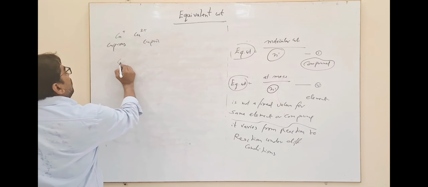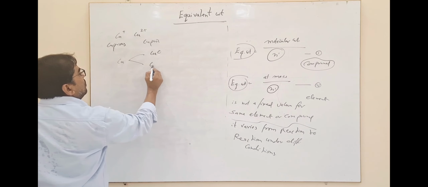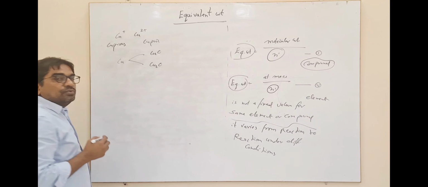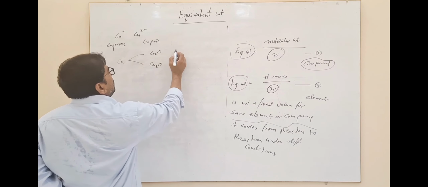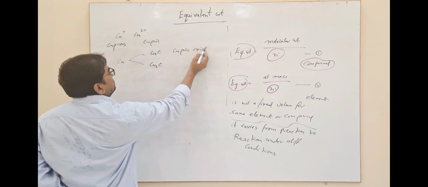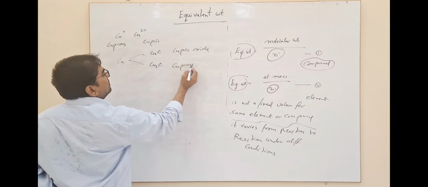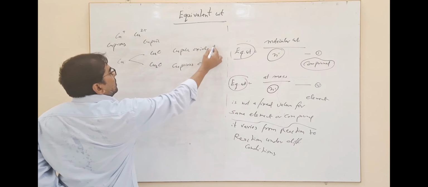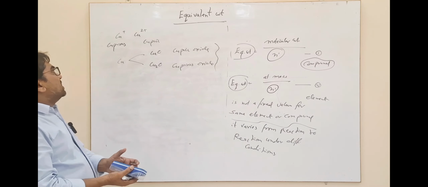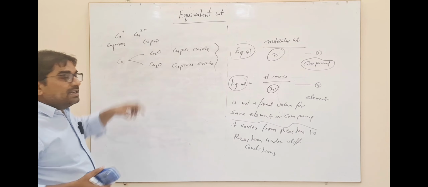Therefore, copper gives two types of oxide, CuO and Cu2O. CuO is called cupric oxide, while Cu2O is called cuprous oxide. Copper, due to its bivalent nature, Cu+ and Cu2+, gives two types of oxides.